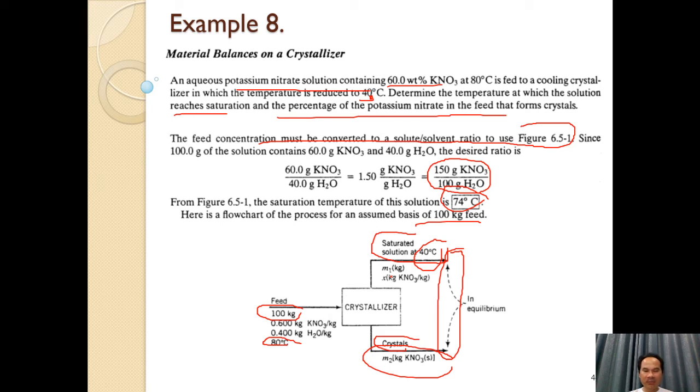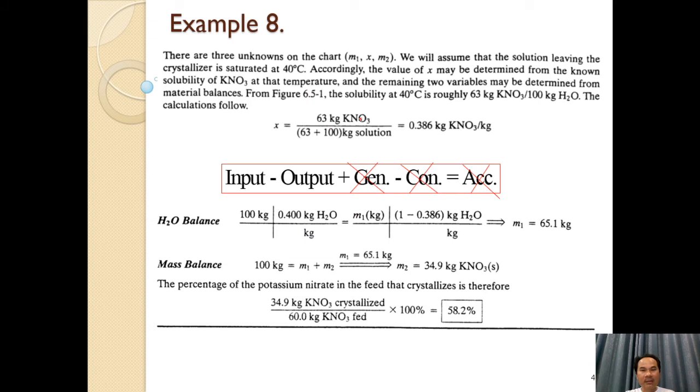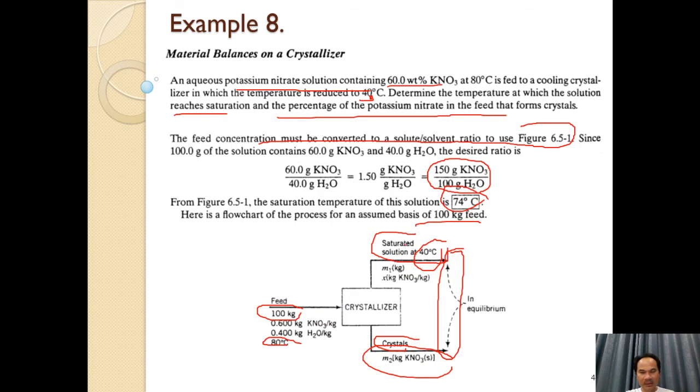So for this case, we have three unknowns: M1, M2, and X. You have two compositions, and you also have to calculate the solubility at 40. You know the output is saturated at 40, so you can calculate the solubility at 40 and evaluate X. We have three unknowns, but two independent balances and one piece of information. We have balances on potassium nitrate, on water, and the total mass balance, but only two are independent. So three minus two minus one information.